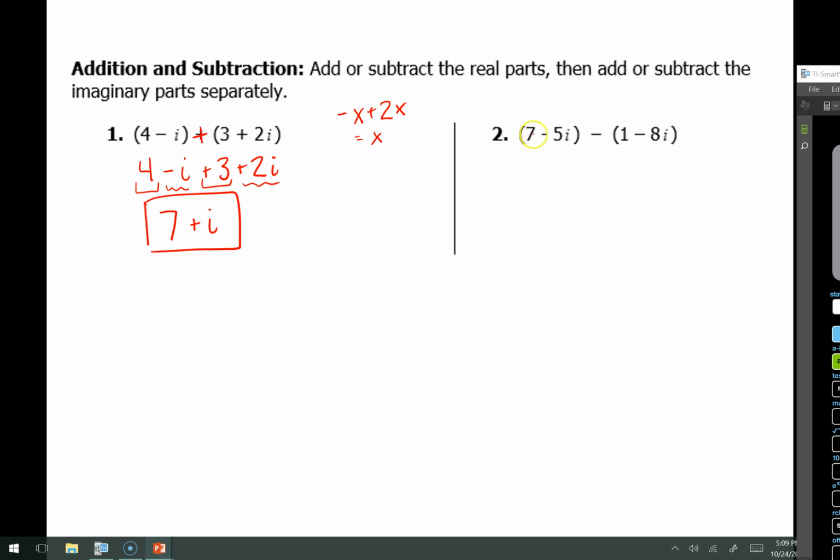In number 2, notice that this one is this first complex number minus the second complex number. So we need to deal with this minus sign first. We need to distribute that negative 1 in. So that's going to be 7 minus 5i minus 1 plus 8i.